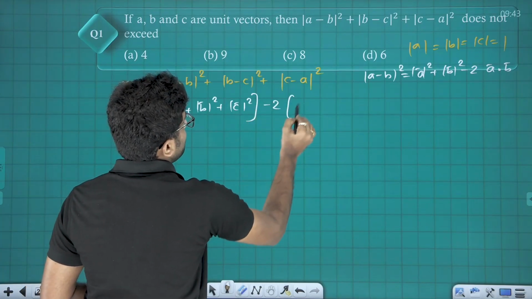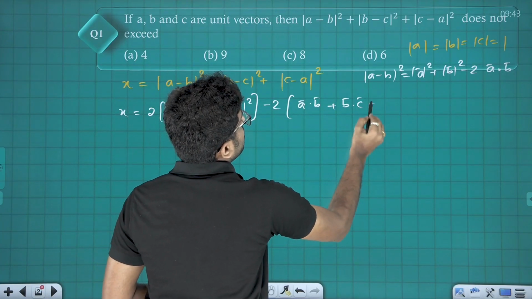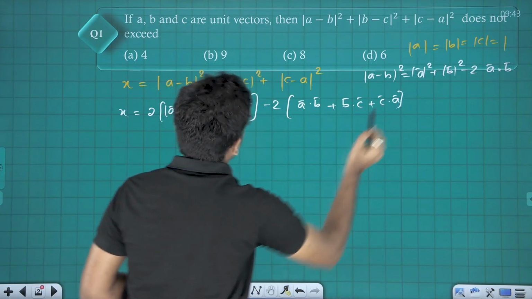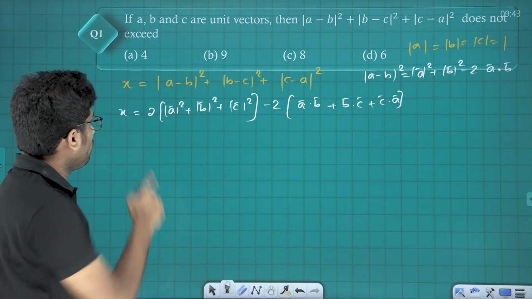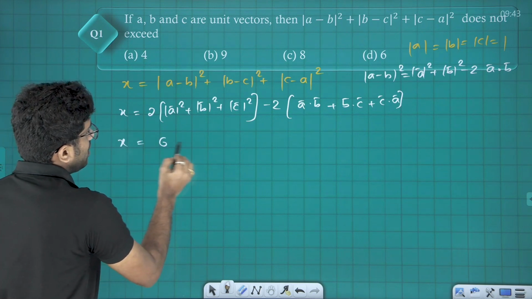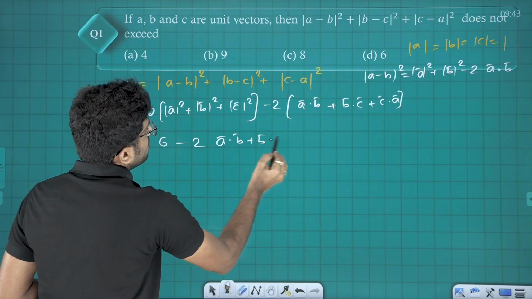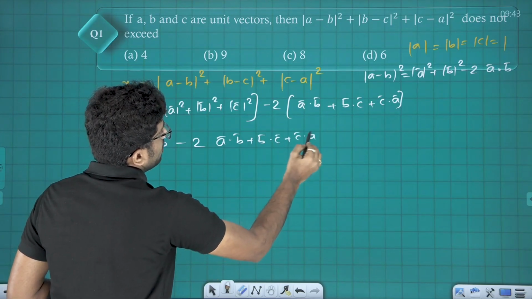So minus 2 times a bar dot b bar plus b bar dot c bar plus c bar dot a bar. Mod a is anyhow 1, so 1 plus 1 plus 1 is 3, 3 twos are 6. So x is equal to 6 minus 2 times a bar dot b bar plus b bar dot c bar plus c bar dot a bar.